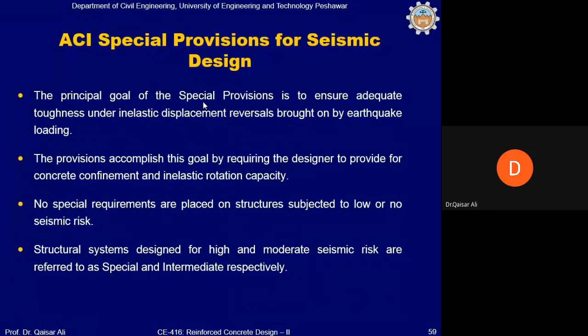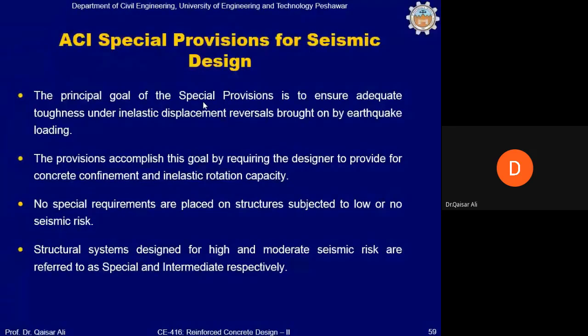These seismic provisions are made to ensure adequate toughness under inelastic displacement reversals brought on by earthquake loading. The provisions accomplish this goal by requiring the designer to provide for concrete confinement and inelastic rotation capacity.